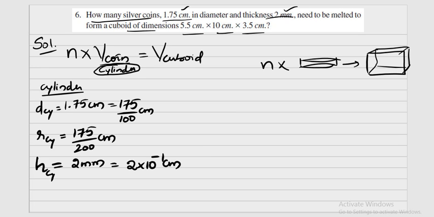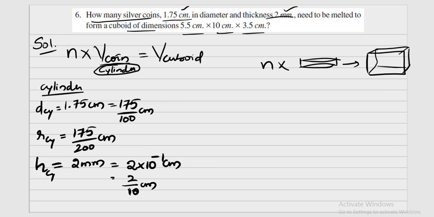So 1 millimeter is equal to 10 power minus 1 centimeters. So 2 into 10 power minus 1 centimeters, which I can write as 2 by 10 centimeters. So this is about the cylinder.